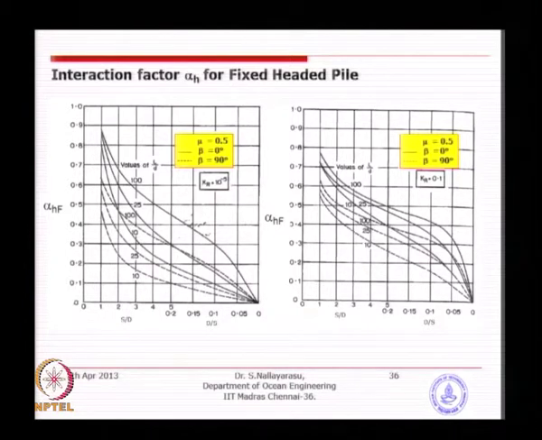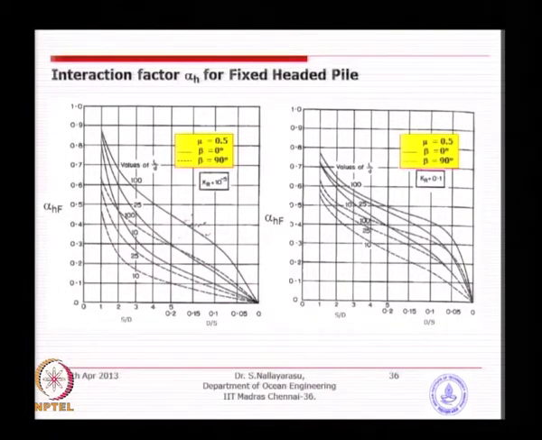Some of the commercially available programs can do this exercise. Instead of using these charts, you can actually buy a program and use it for your 2 pile system or 3 pile system, but for most practical applications, I think a 2 pile system is okay.